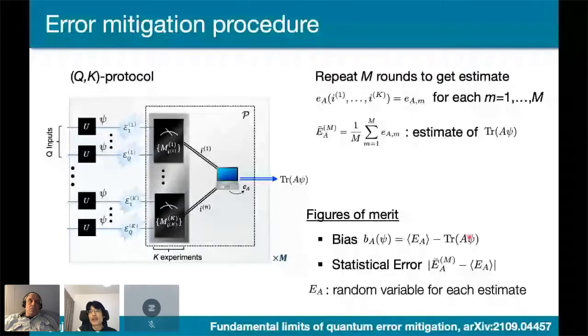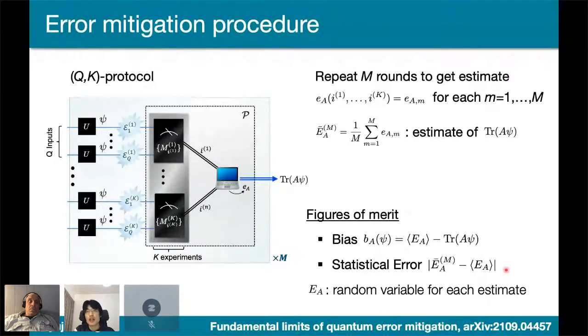So this is the bias function. And on top of that, we also have the statistical error from the shot noise. Then this is the difference between this estimation after the large M repetitions of these rounds, and expected value of the random variable. So this is the combination of these two. But now that we are interested in getting the general results that evaluate the performance of arbitrarily given error mitigation protocol, right?